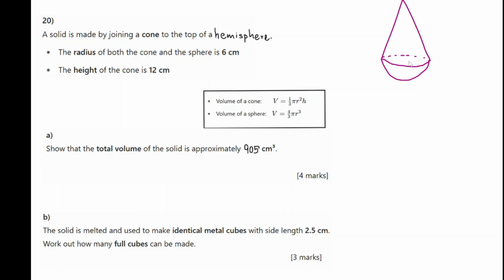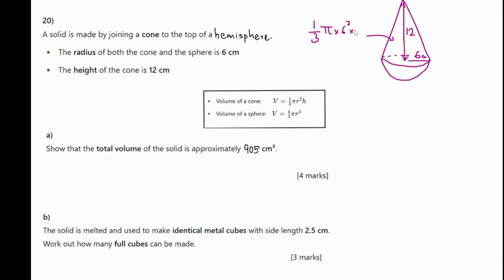The radius of them is 6 centimeters and the height of the cone is 12. So this one here is 12. Show that the total volume is approximately 905. Now, to find the total volume, I need to find the volume of the cone, which is 1/3 pi r squared, 6 squared times pi times 12.